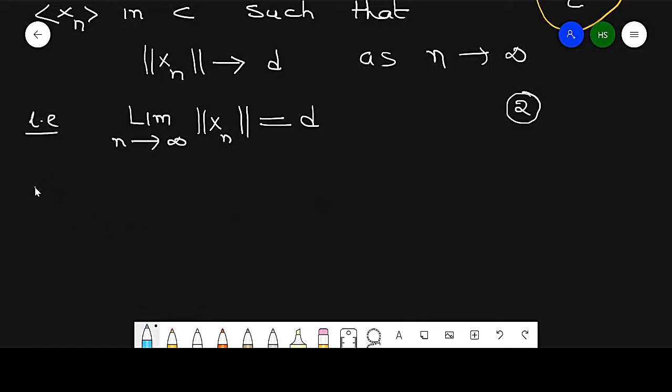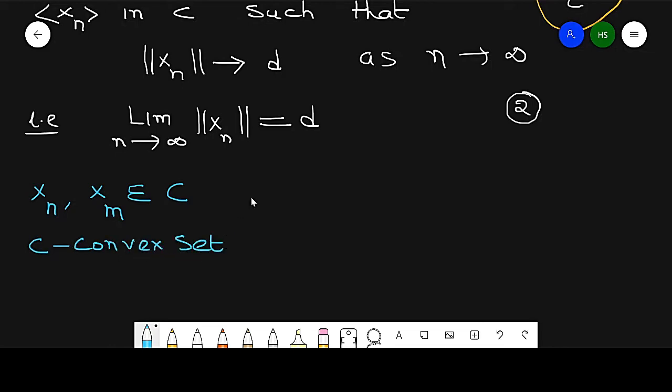Now xn and xm are part of C. And what is C? C is a convex set.